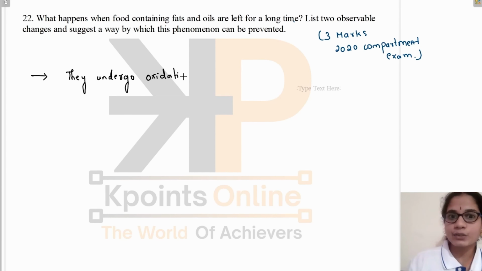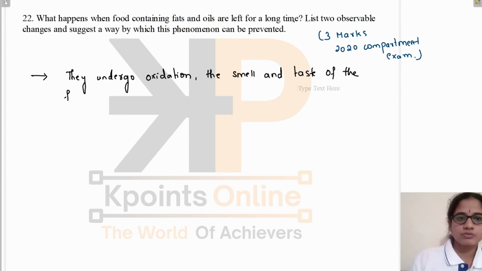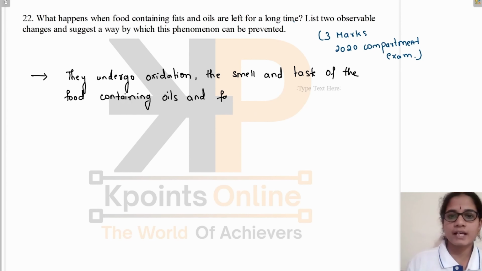What are the changes that you can observe after they have undergone the oxidation? The smell and taste of the food materials will get changed. Okay, the smell and taste of the food containing oils and fats change when they undergo the oxidation process.